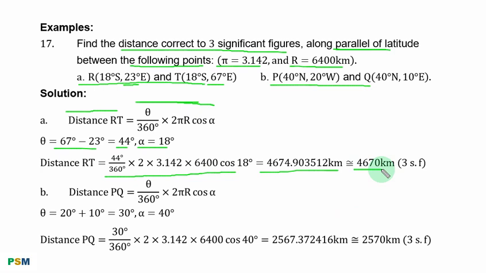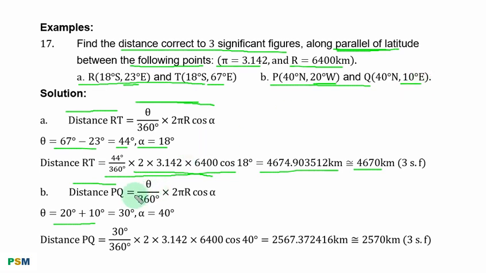4,670 kilometers. B part of the question, distance PQ is also along a parallel of latitude, obtained using this formula. Theta, the angle for longitude, is through addition because the given longitudes are on different sides of the prime meridian.